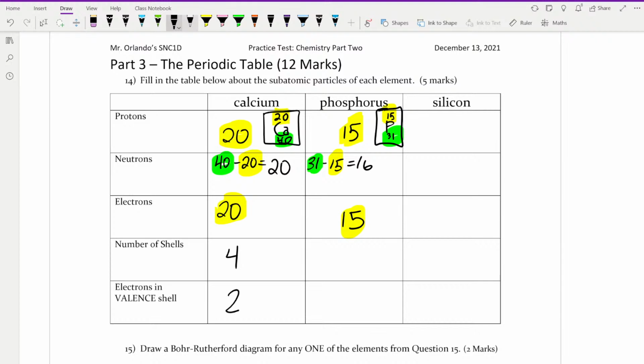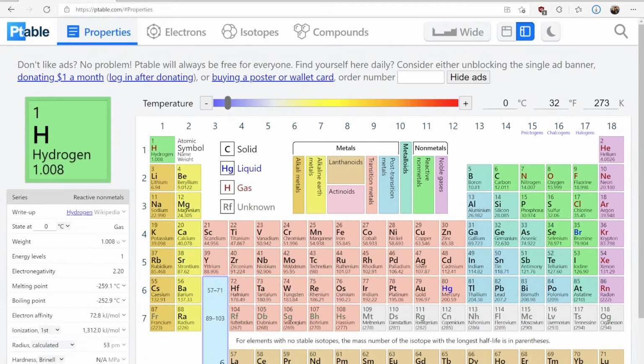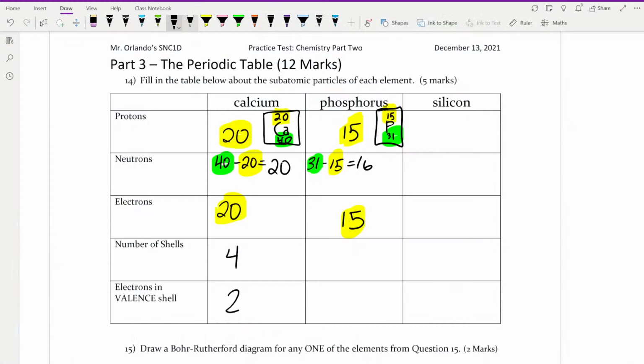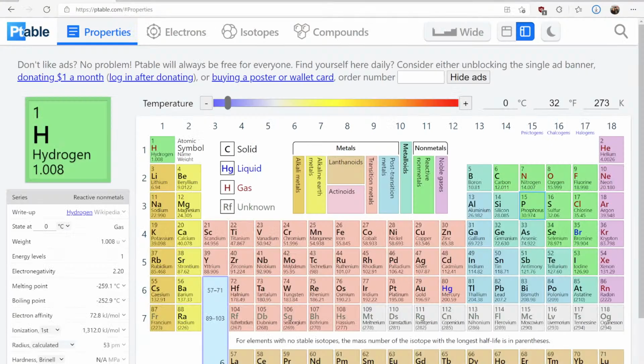That gives us 16 neutrons, because neutrons and protons are the only heavy things, so they add up to the mass. How many shells? Well, phosphorus isn't in the first row, it's not in the second row, it's in the third row, which means that this must have 3 orbitals. And then we can just count over to know how many electrons in that orbital. 1, 2, 3, 4, 5.